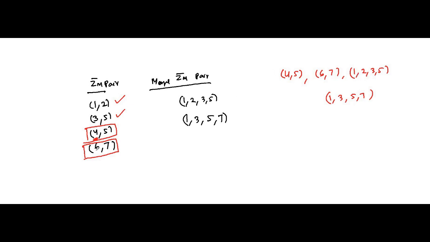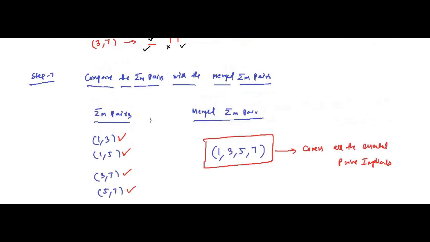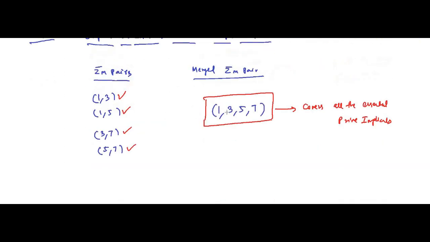Because here 4 is not covered here. 6, 7, 6 is not present in any of the merged Minterm pairs. So we have to consider these 4. That's the reason we are comparing each of the minterms with the Minterm pairs and each of the Minterm pairs with the merged Minterm pairs.